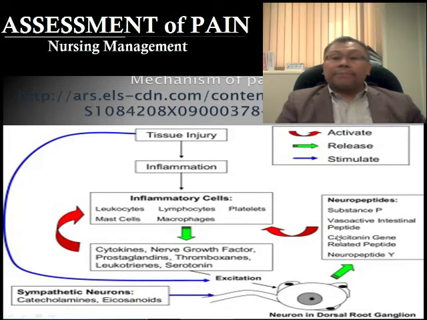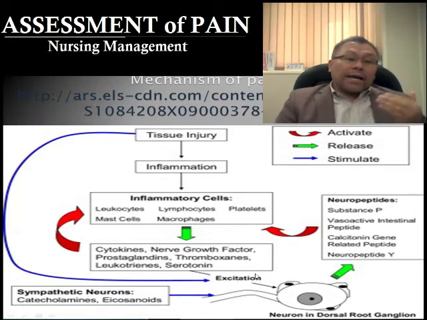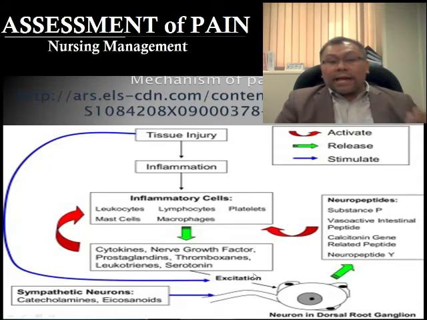Then because of this, it will produce stimulation of excitations. So the sympathetic nervous system will be stimulated, and then the response of pain will happen in this process.